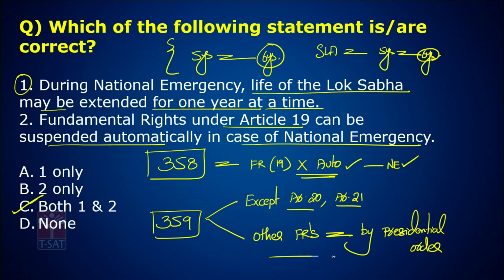The President by a presidential order has the authority to suspend other fundamental rights except 20 and 21 in case of national emergency in force as per Article 359. Okay, very, very important for the exam.